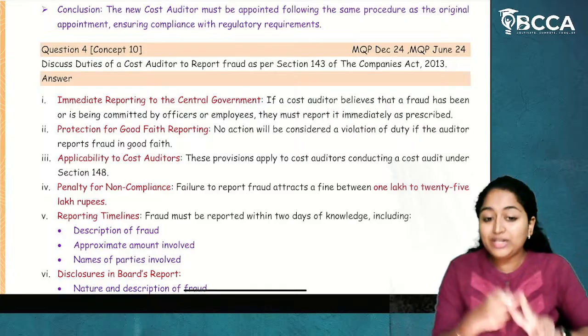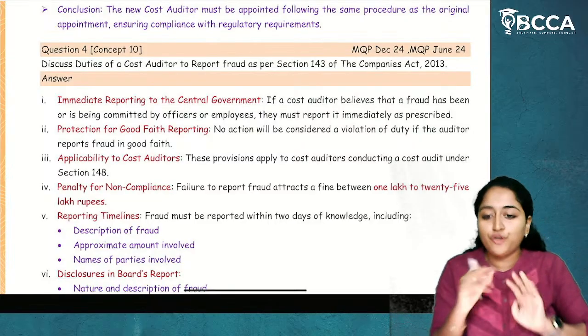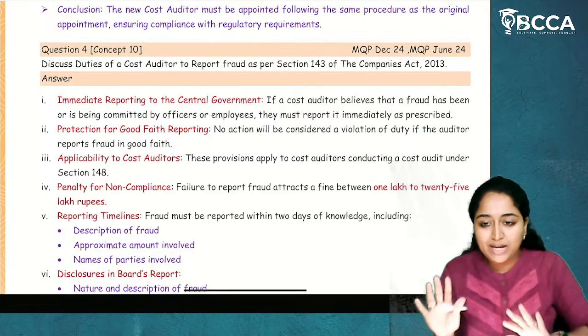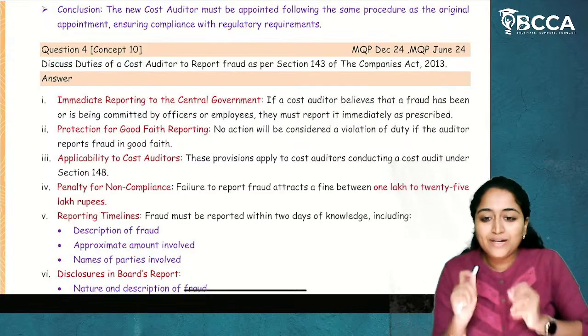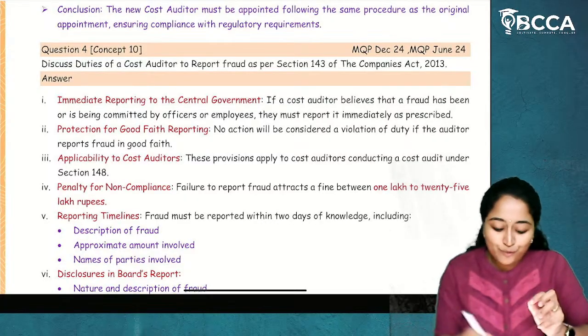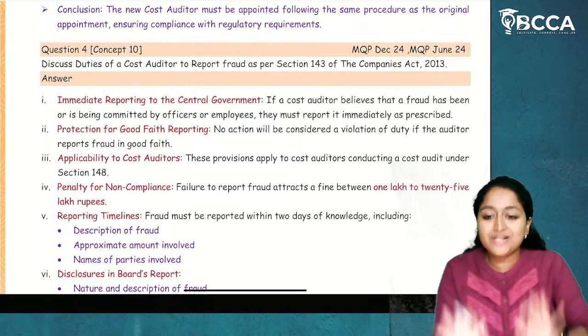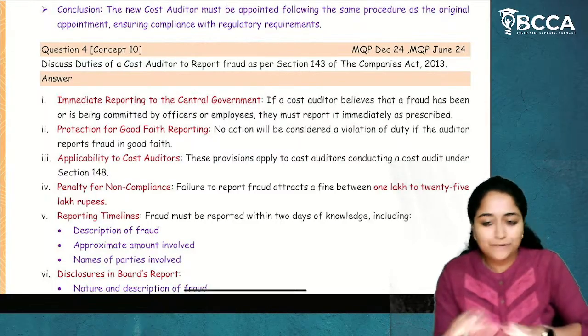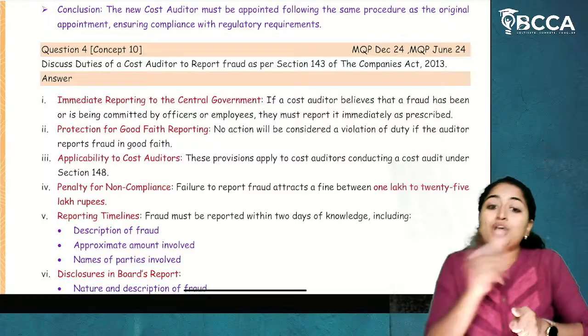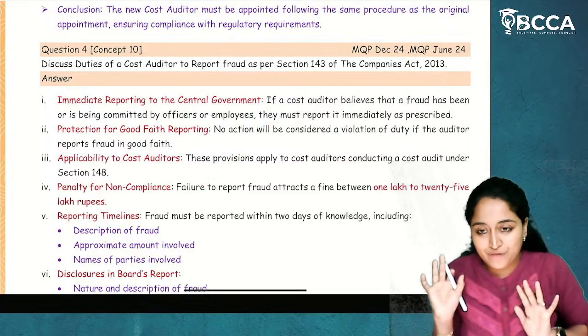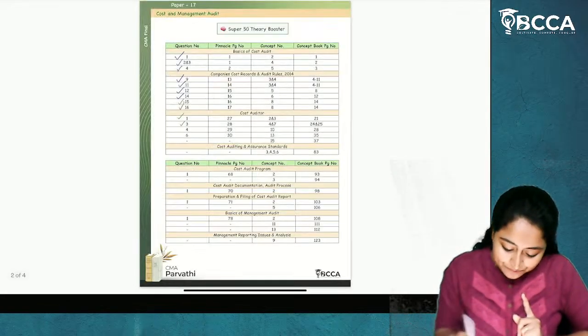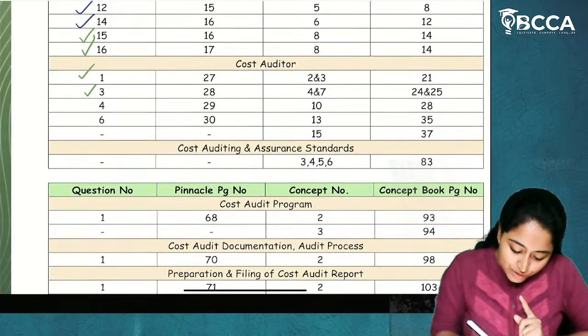Duties are also important. Connected to that, the reporting of fraud concept is also important. You have to think in that way and prepare for yourself. Don't again tell me, ma'am, you have only given this question as a super 50 question, so we have only gone through this question. No, I'm telling you to go through the concept related to these super 50 questions. I hope I'm clear. Now, question 4 is also completed.